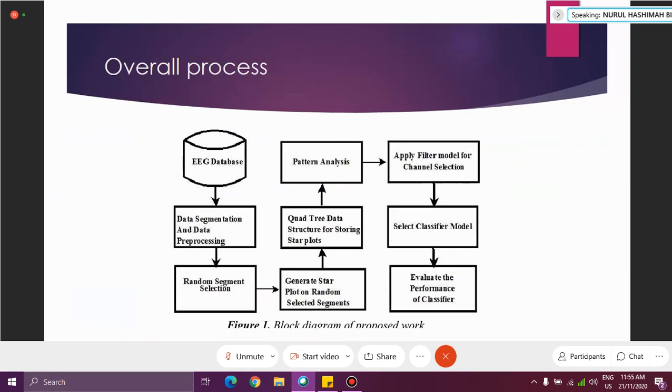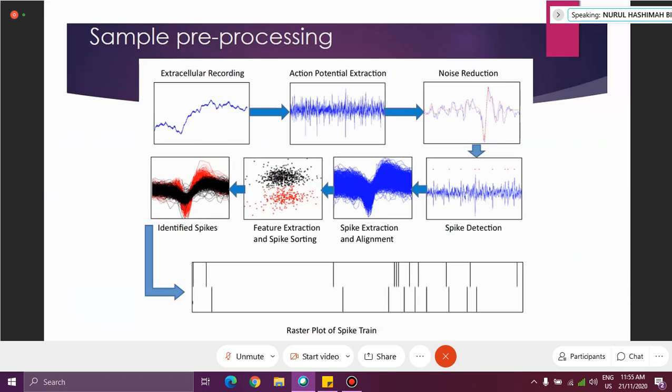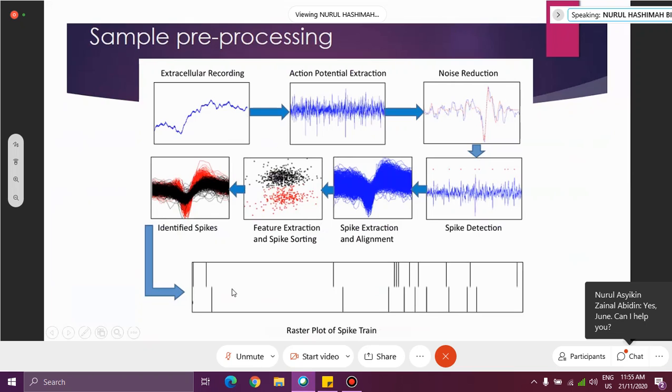Rather than a probability, it will tell you yes, it sees an apple, or no, it doesn't see an apple. This is the step of pre-processing, which we have seen earlier. So we pre-process, and this plot is what we put into our algorithm.